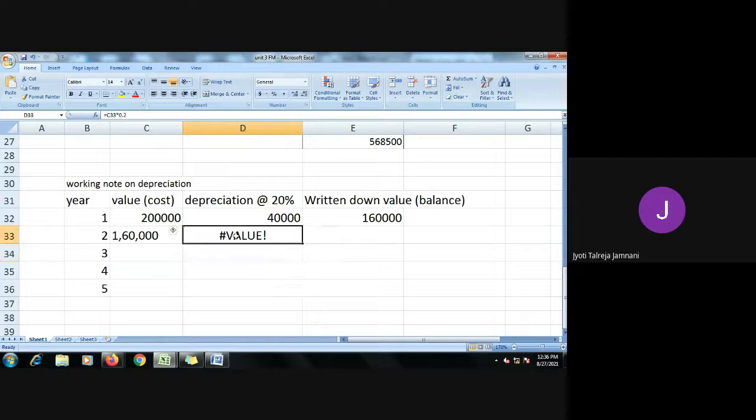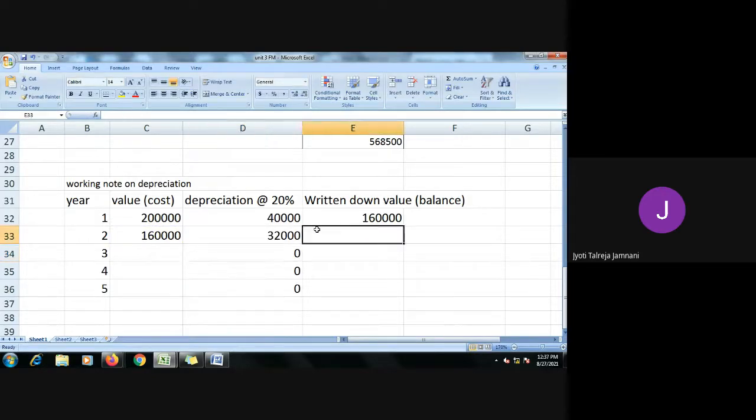32,000 will be the depreciation. Now from 1,60,000 we have to minus 32,000 to get the value, which comes to 1,28,000.